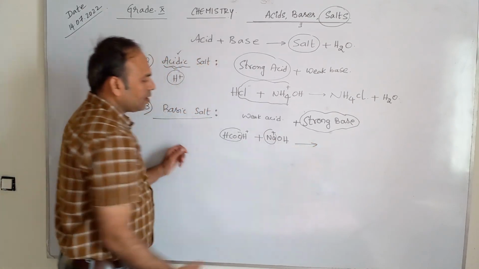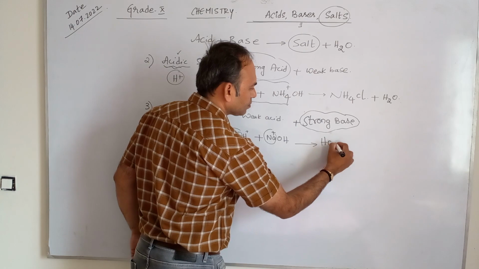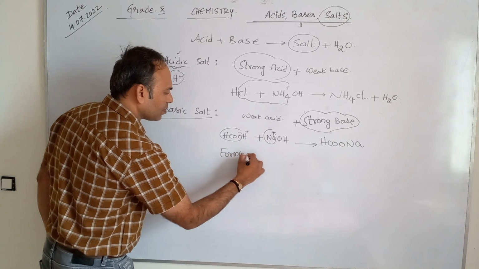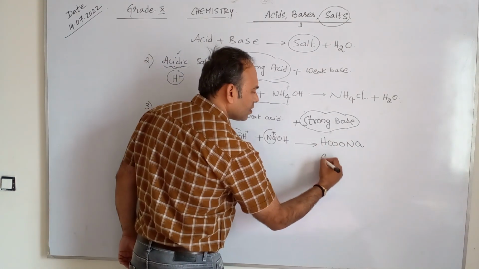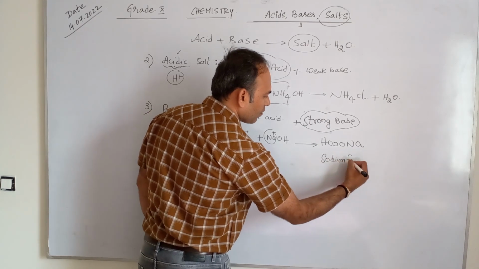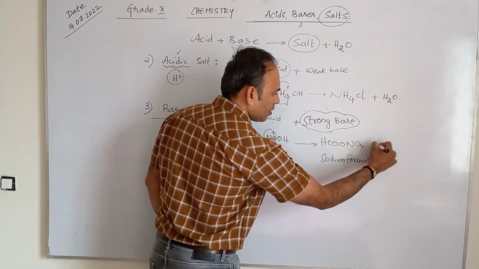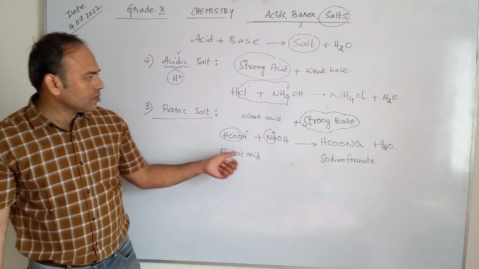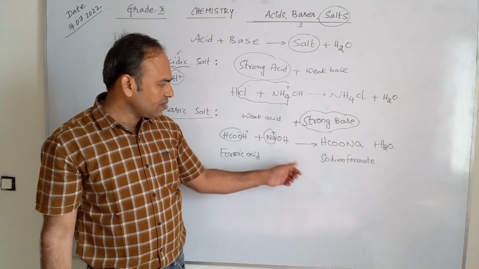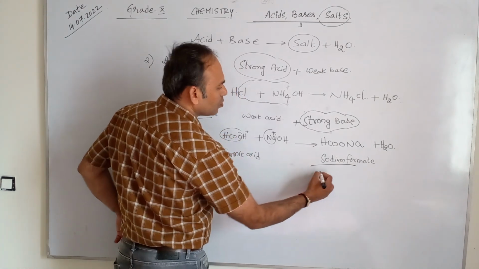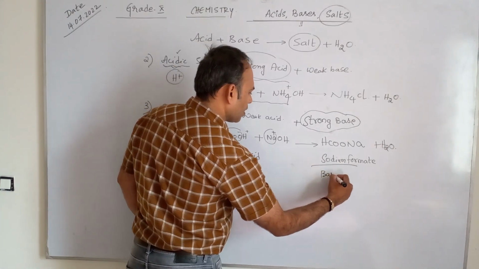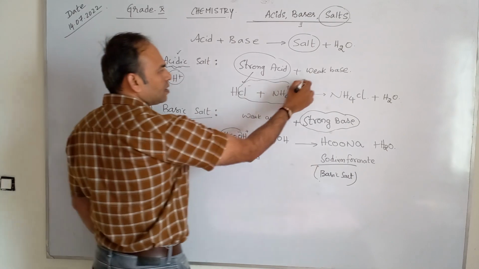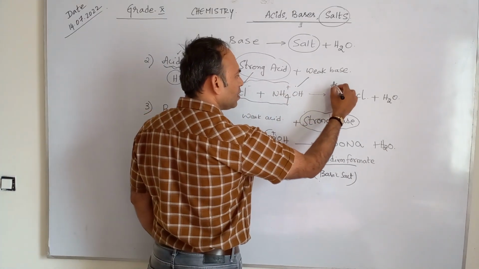So you get your ions, HCOONa. We know that HCOOH is formic acid, therefore this is sodium formate plus water. So what happened here? You have a weak acid but the base is a strong base, hence this particular salt now is a basic salt. But in the previous case, this is a strong acid, this is a weak base, hence there we can say that it is an acidic salt.